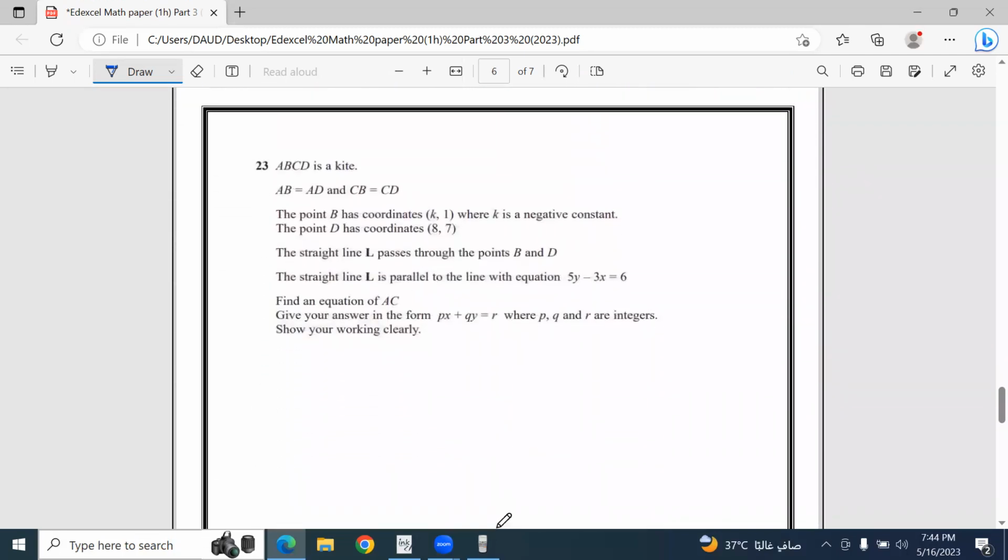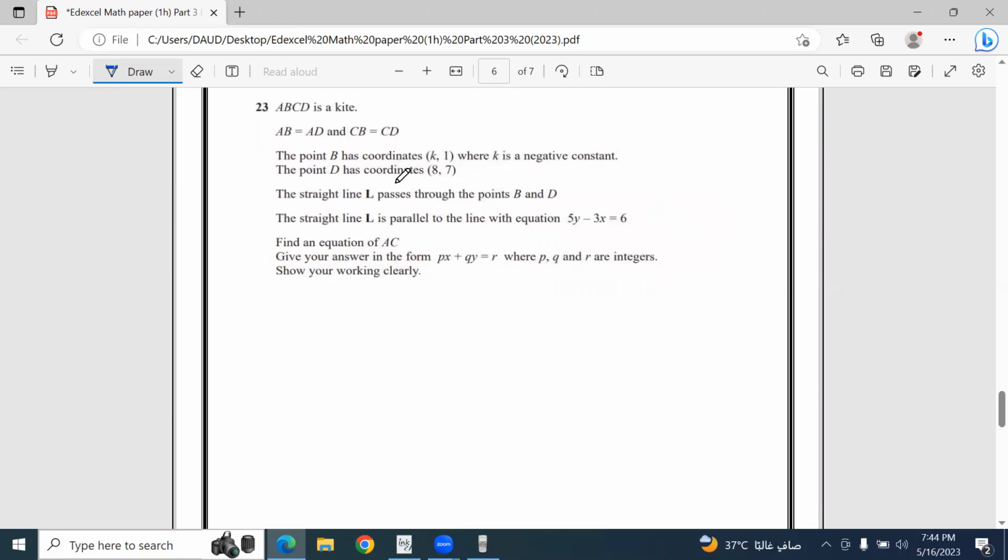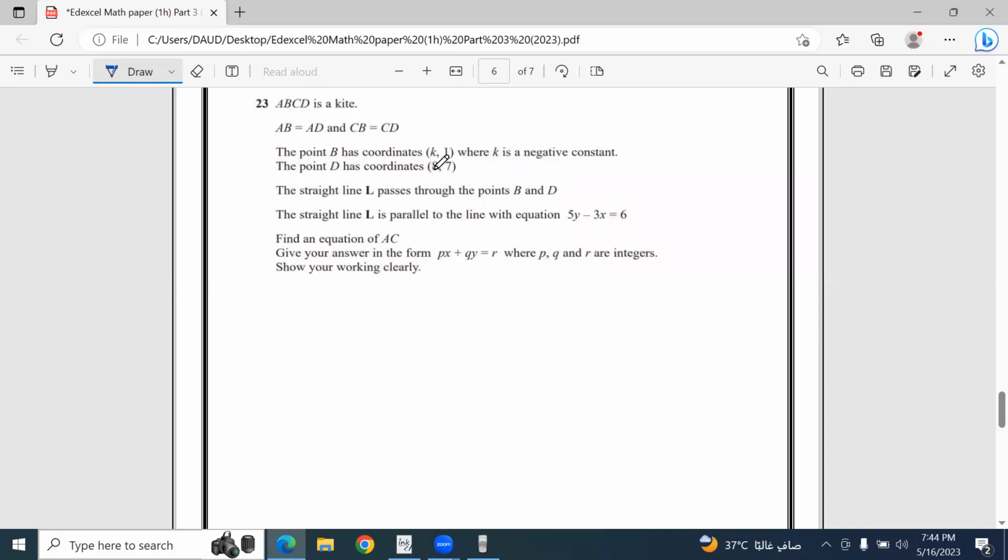Next, question number 23. ABC is a kite, and we have AB and AD as equal sides, and CB and CD are also equal sides. The point B has coordinates (k, 1) where k is a negative constant, and the point D has coordinates (8, 7).